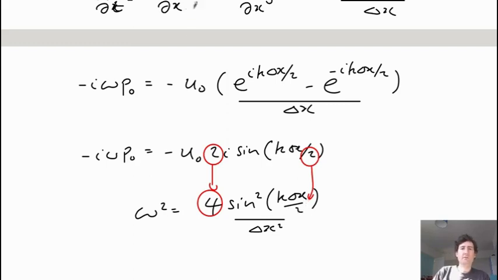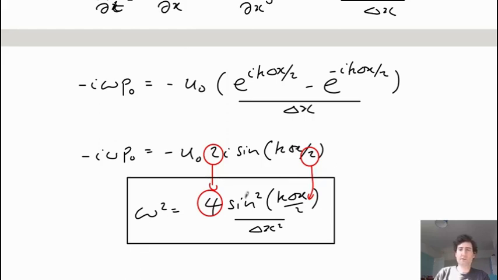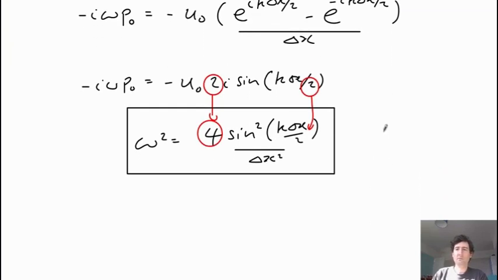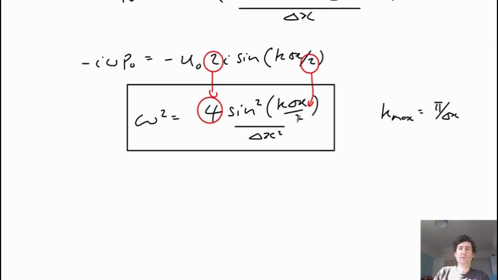And so this dispersion relation looks similar, but there are some crucial differences. So k max is still the same, k max is just pi over delta x, and so this, instead of being pi, is now pi over 2.